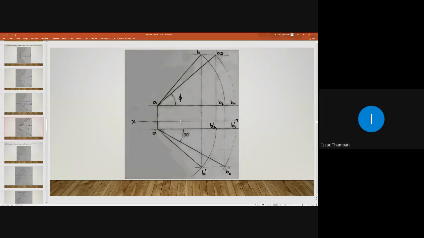And on this vertical projector, you take the actual length of line AB, that is 100 mm. Take 100 mm in your compass and intersect here so that you will get B3. This length is the true length. So take the actual length and intersect here, and that is B3.